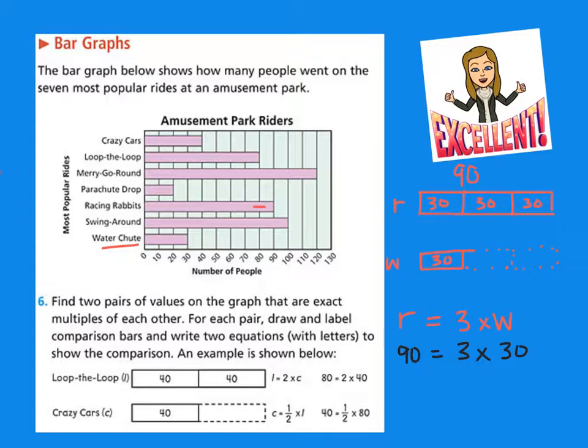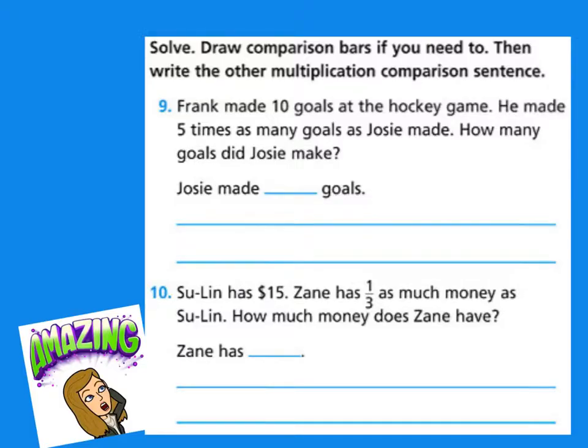So now using letters and using fractions, you would get the water chute by taking 1/3 of the racing rabbits. Using numbers, that means 30 equals 1/3 of 90. Beautiful.